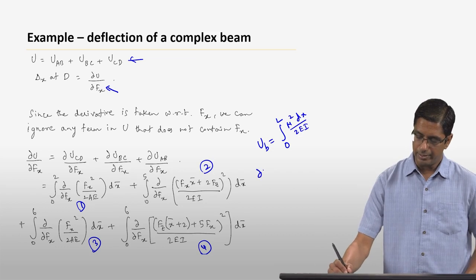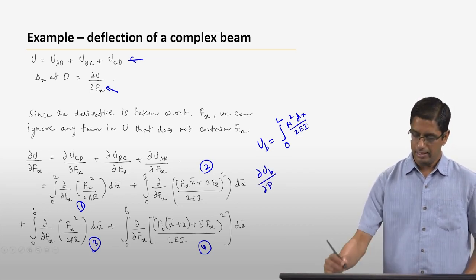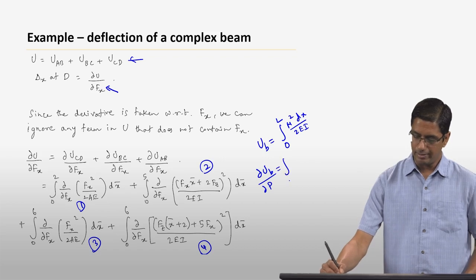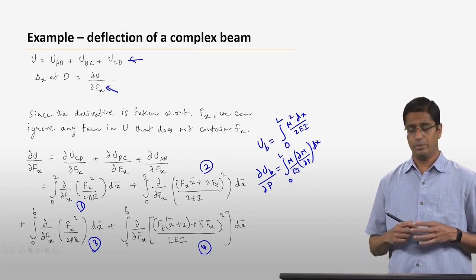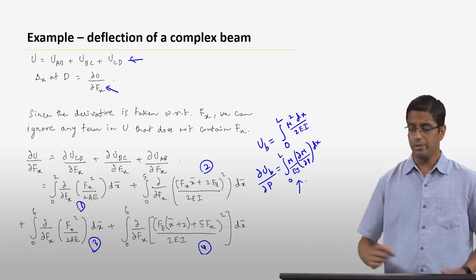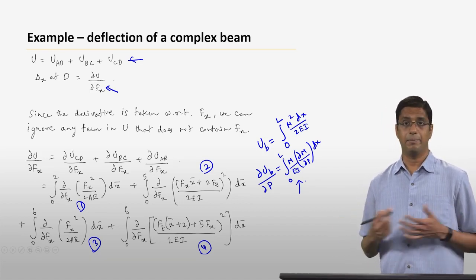When you take del U b over del P, it is actually very simple: the integral from 0 to L of M by EI times del M by del P dx. So you can just use this to evaluate your delta B or delta D, for example.